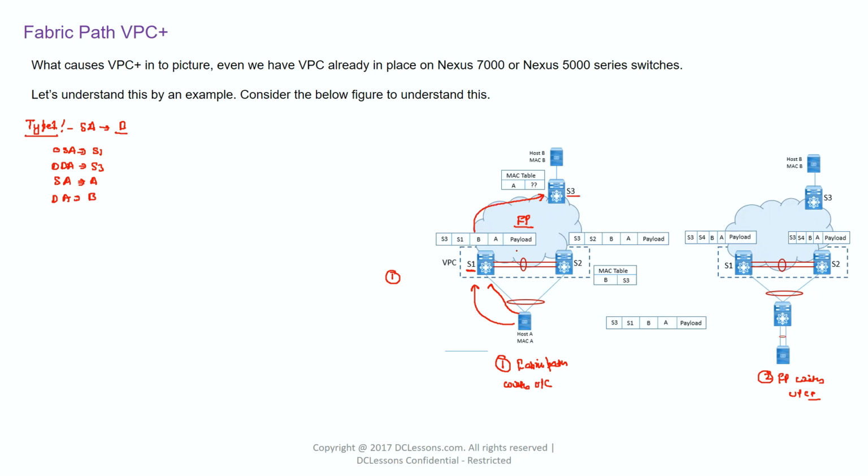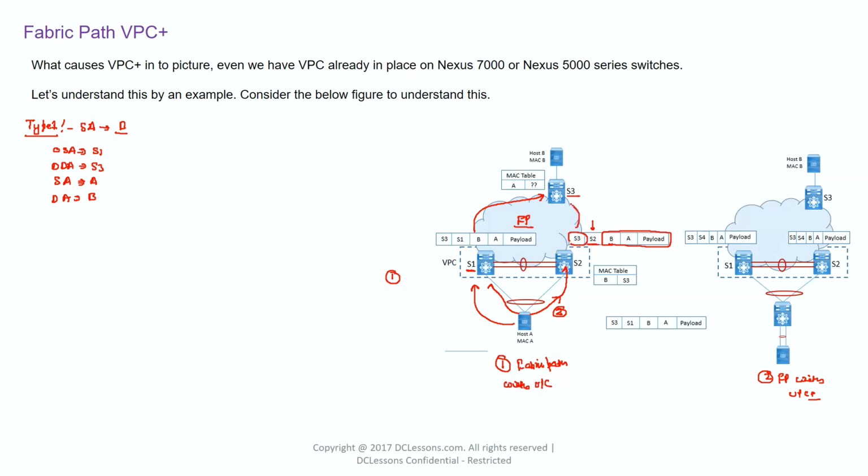Now let's suppose at the same time host A wants to talk to host B for another type of traffic, traffic type 2, and because this is a port channel, due to the port channel hash algorithm, it selected this path. Once the traffic reaches switch 2, this is my Ethernet frame. Source switch ID will be S2 and destination switch ID will be S3.